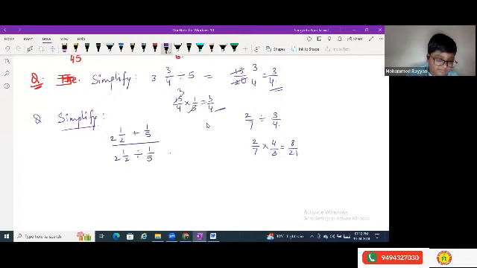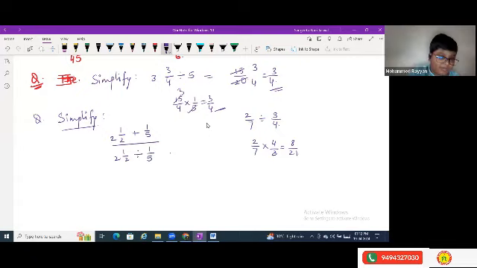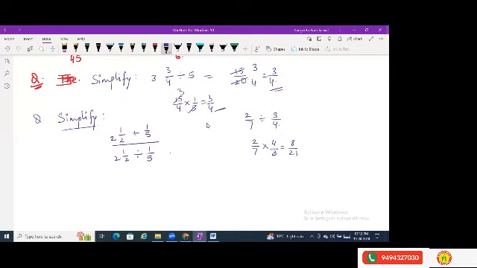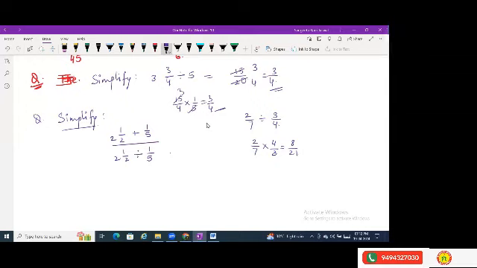The numbers are the same, but the operation is different. In the numerator there is a plus sign. In the denominator there is a divide sign. Do it.